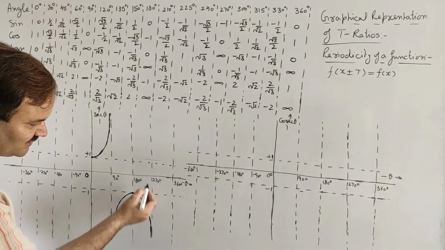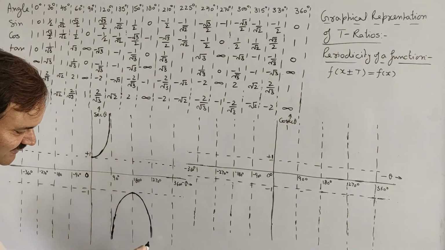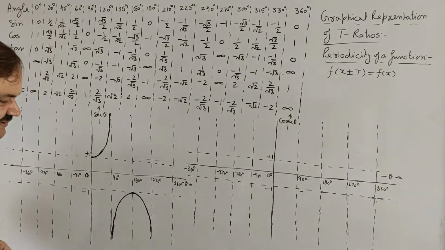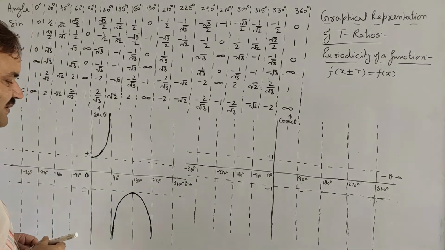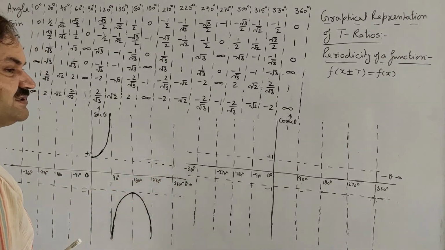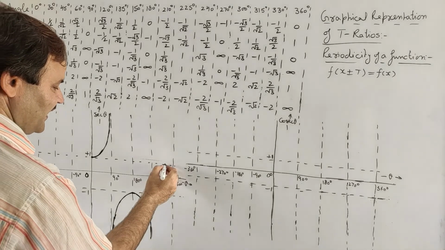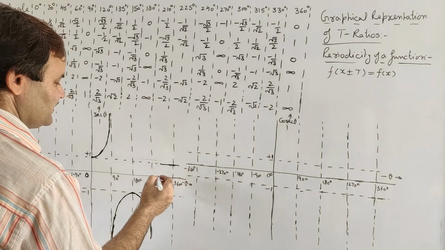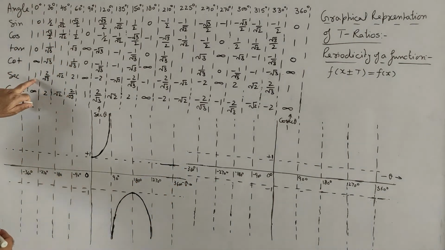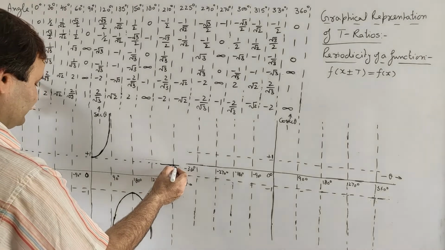It will touch this line passing through 270 at infinity. Now from 270 to 360, the fourth quadrant, sec will be positive, and at 360 degree the value of sec theta will be the same as at 0 degree, that is 1.